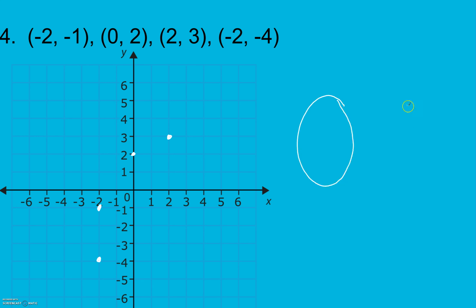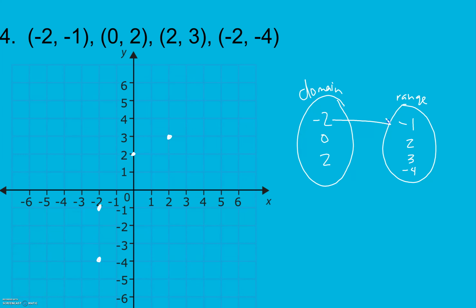Mapping diagram, domain, range: -2, 0, 2, (-2 I already have), -1, 2, 3, -4. -2 goes to -1, 0 goes to 2, 2 goes to 3, and -2 goes to -4.